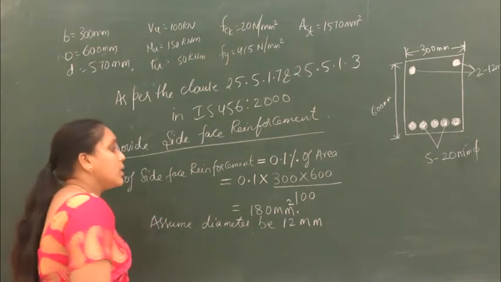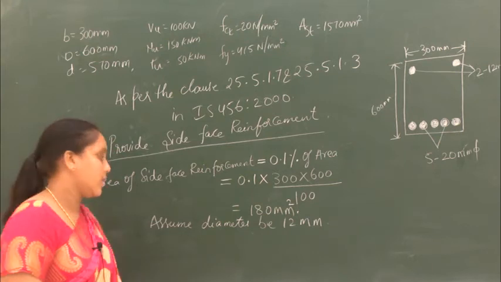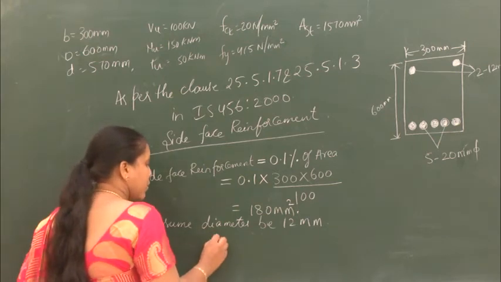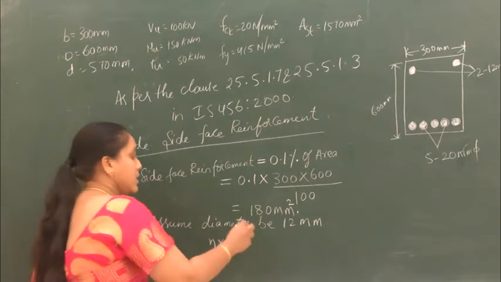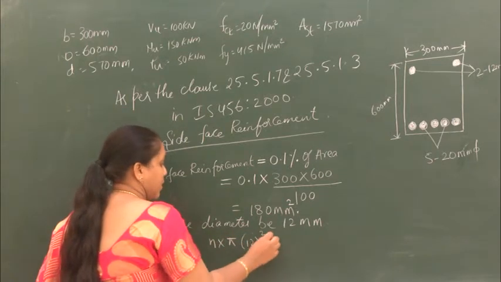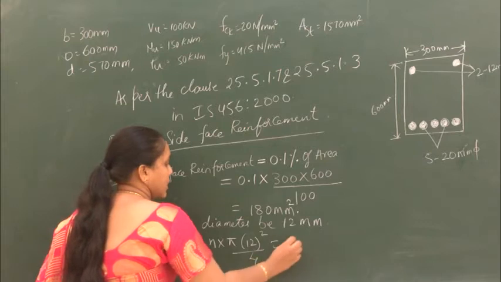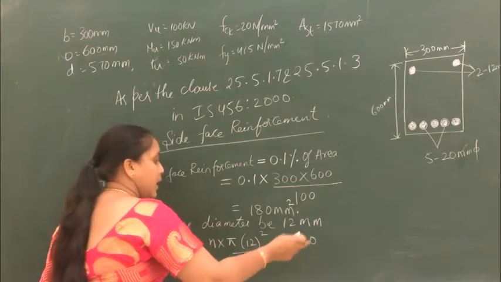From this I will calculate the number of bars: n into pi d square by 4. Here d is 12. Whole square divided by 4 is equal to 180 mm square.